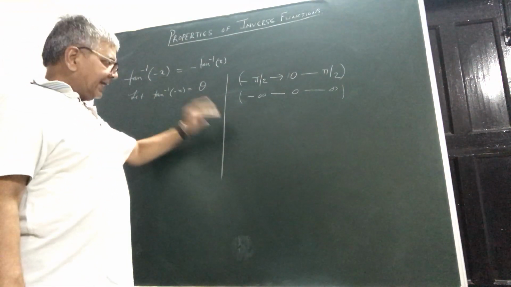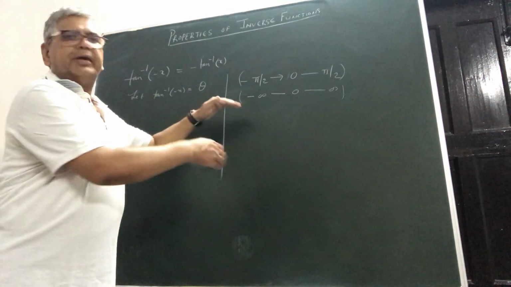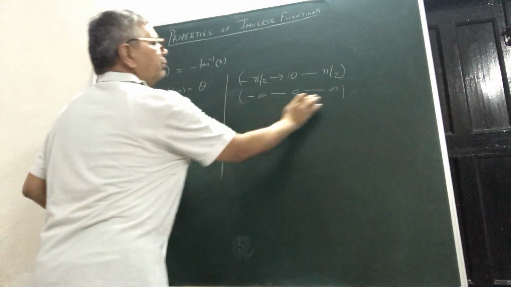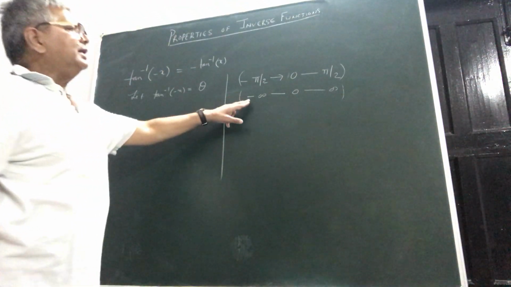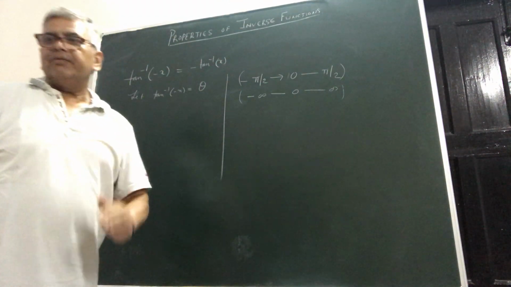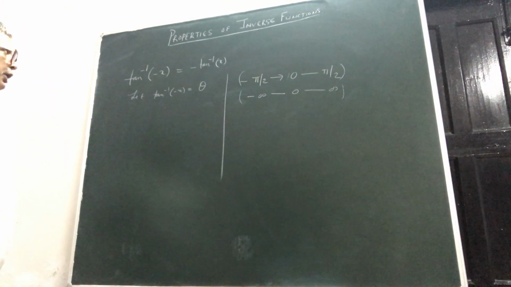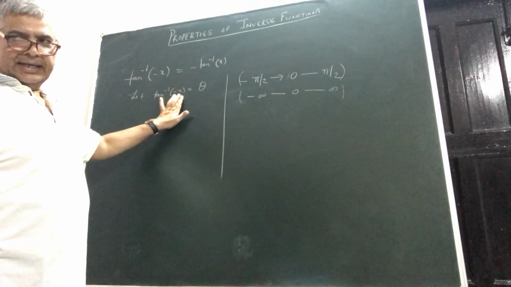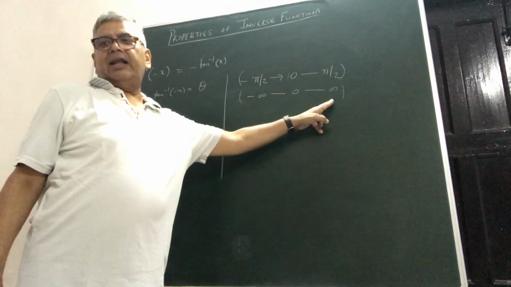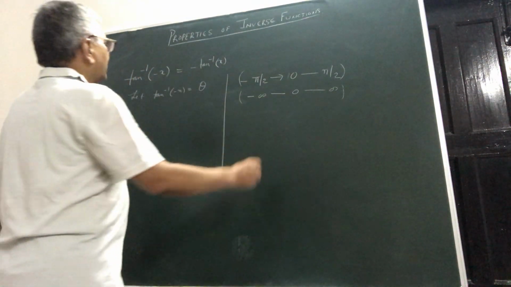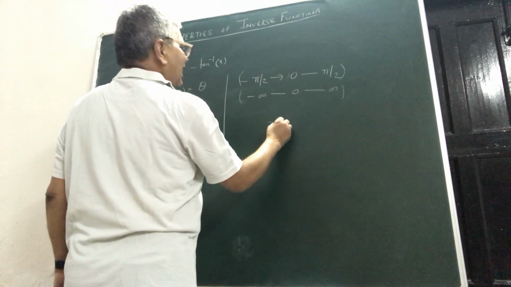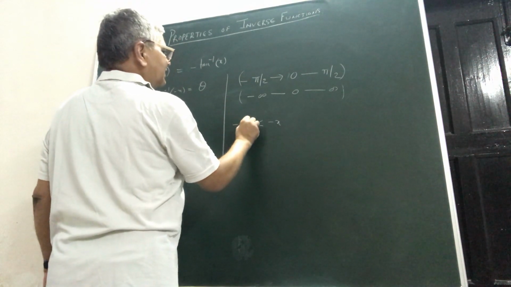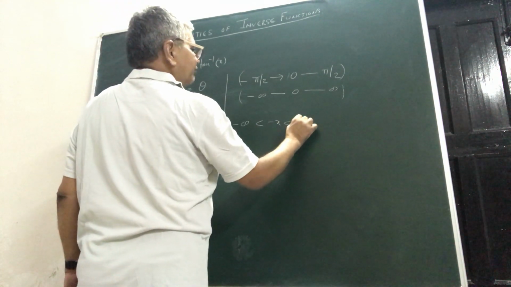For tan inverse x, it would be the other way around. The domain is the bottom line, and the upper line will be the values of the tan inverse x function. Now if somebody asks where minus x will lie, the answer is well within its domain: between minus infinity and plus infinity.